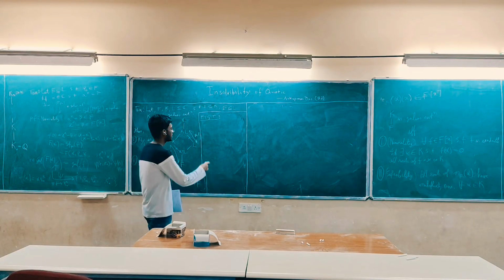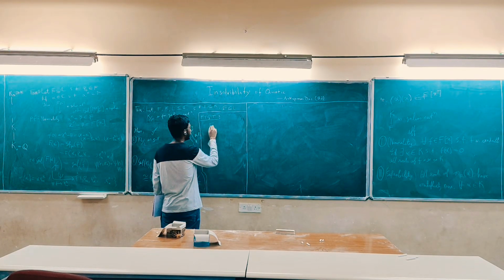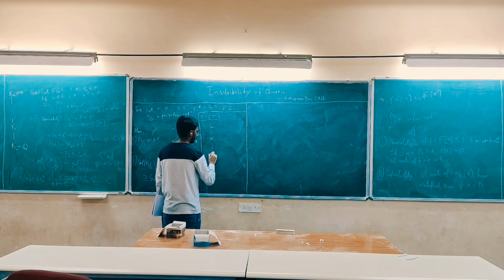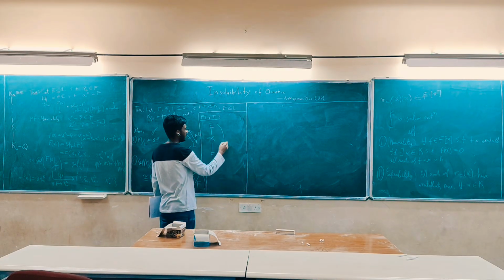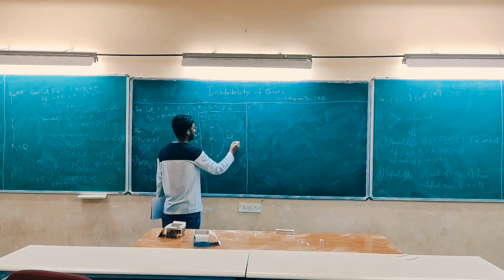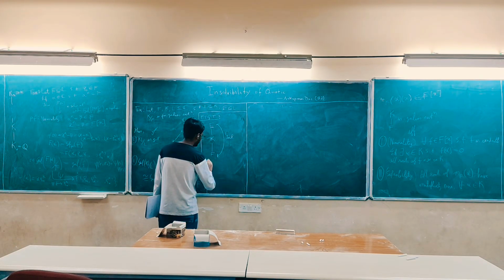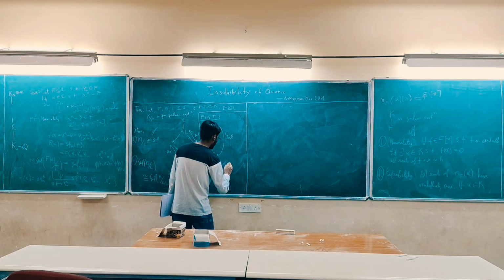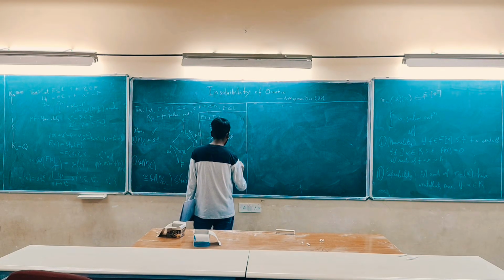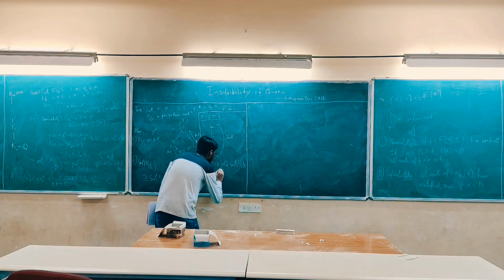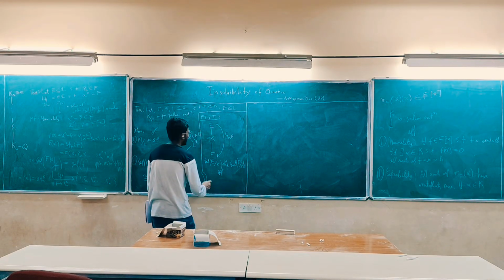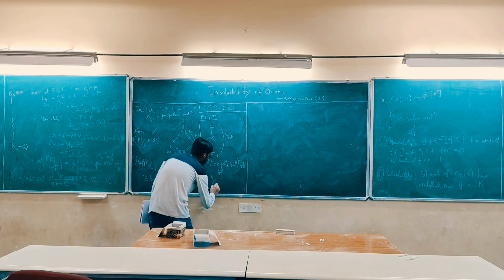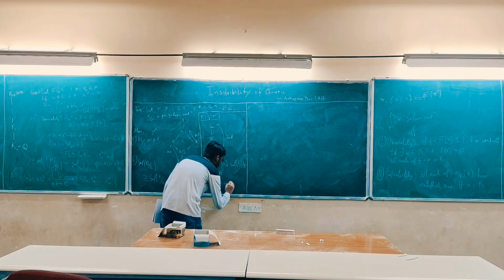But one thing more is there, that is, if there is an intermediate field K such that this is a Galois extension, this is a Galois extension, then Galois group of E over K is a normal subgroup of Galois group of E over N if and only if K over N is Galois.